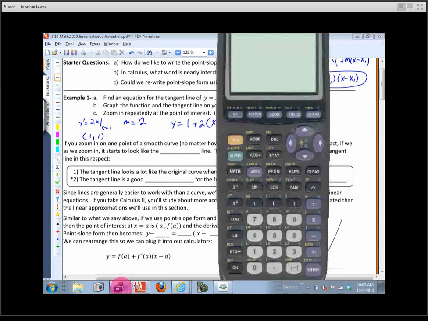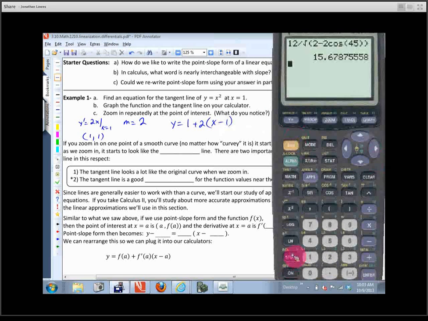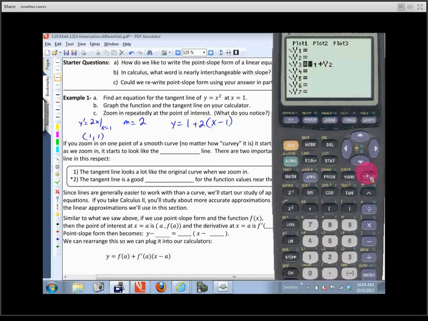So let me pull that up. Okay, so we're going to type in the original function, y equals x squared, and then I'm going to type this in. So this is 1 plus 2 parentheses x minus 1, close the parentheses.